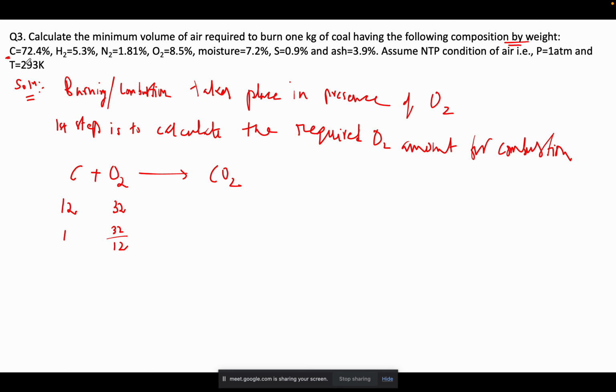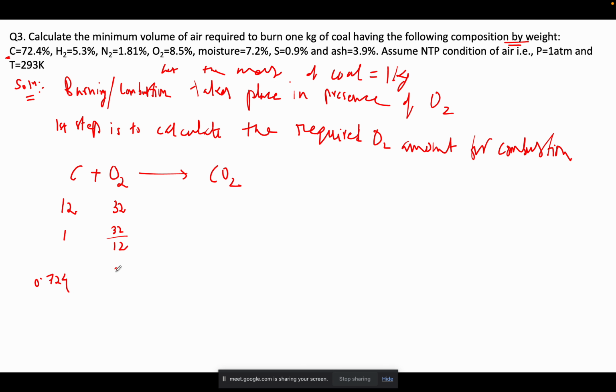That means if we assume that the mass of the coal is equal to 1 kg, then how many kg of carbon is present? 0.724 kg of carbon is present.